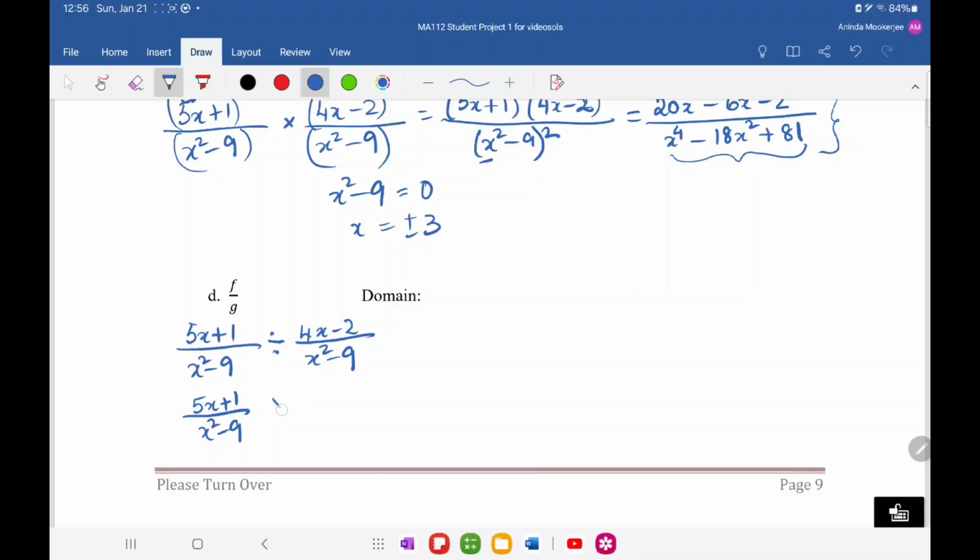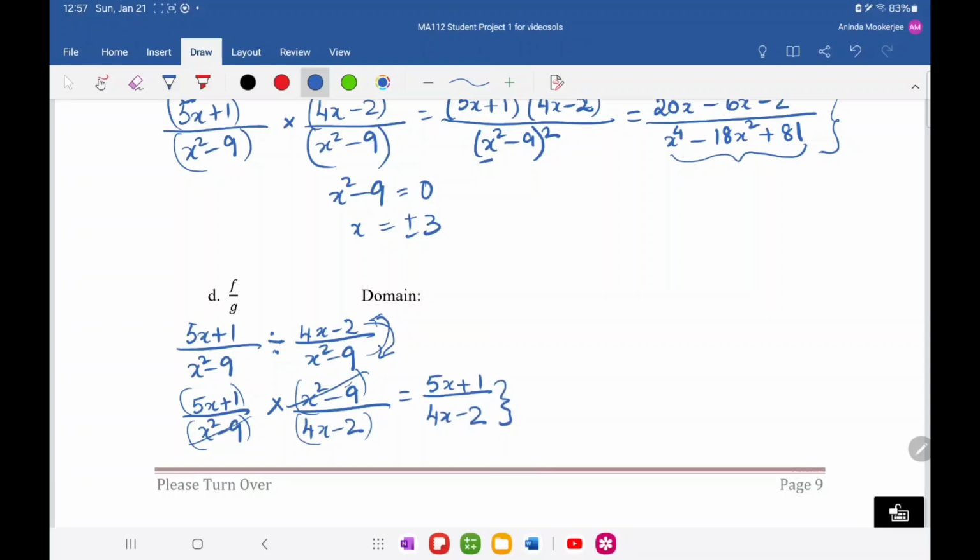We change the division into a multiplication and we flip the numerator and denominator of the second fraction. So x squared minus 9 will go to the numerator and 4x minus 2 is going to go to the denominator. Let's put brackets around this. The x squared minus 9 cancels, so the new function is going to be 5x plus 1 divided by 4x minus 2.